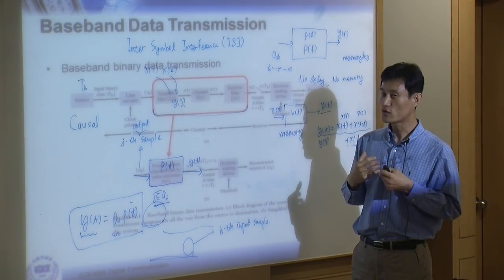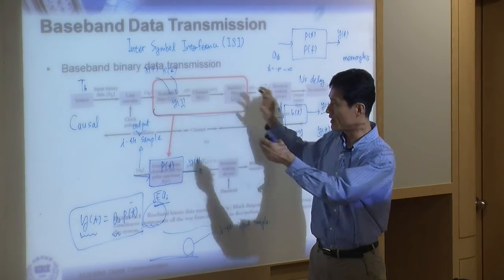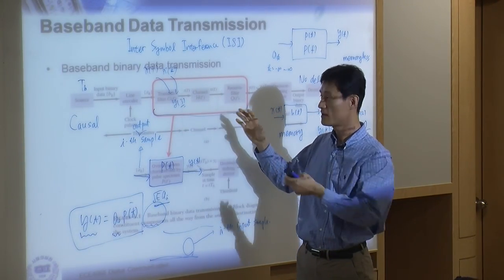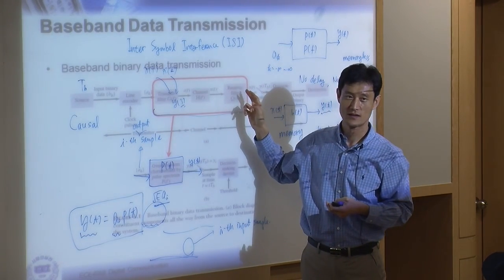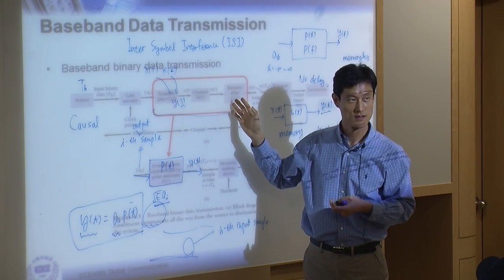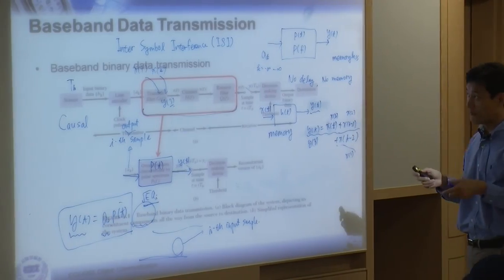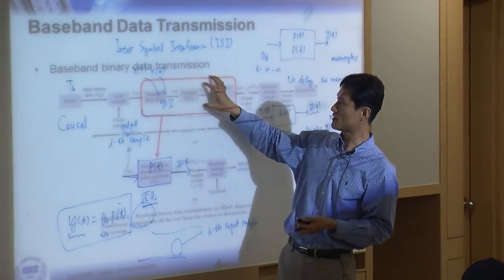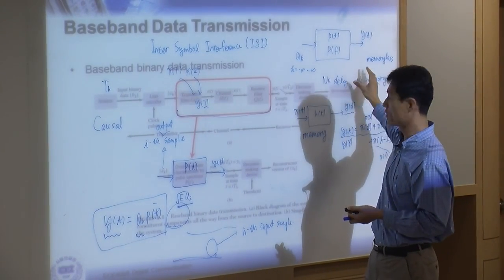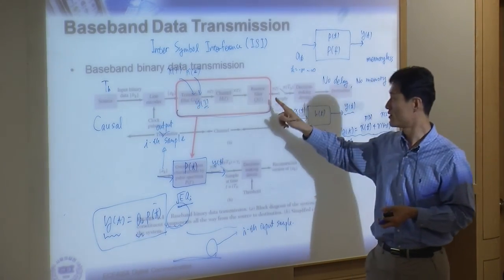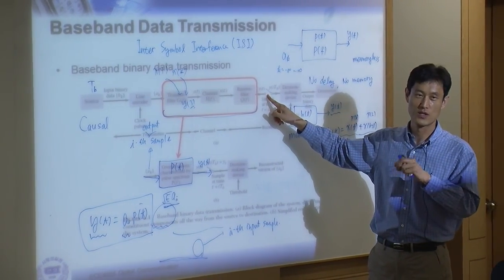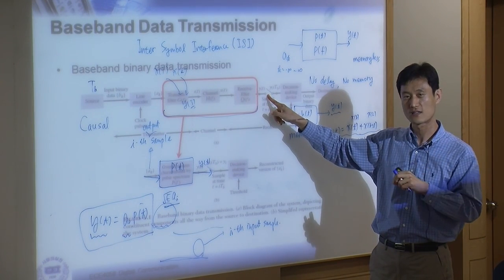That means I want to make these three blocks combined, okay? And then no delay, no memory in this case. That basically means if we can make this whole block no memory, no delay, whatever you transmit, you're going to receive it with no delay, with no ISI.